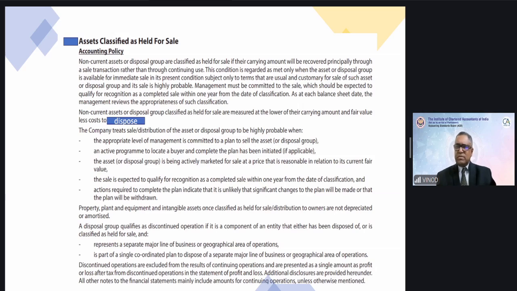So many things. Further, it says PPE and intangibles, once classified as held for sale, will no longer be depreciated or amortized. The last part is for discontinuing operations, which we'll take up next.